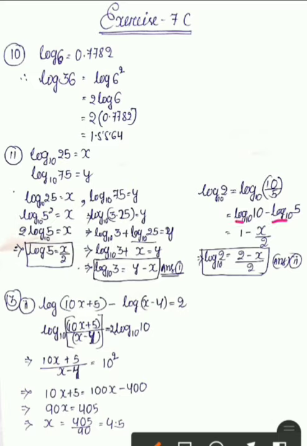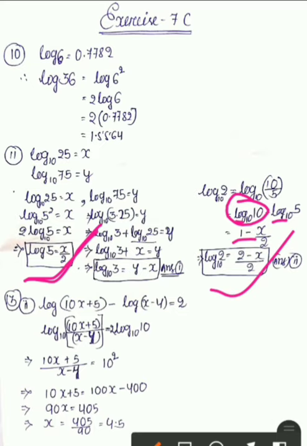Already you know the base and the number are the same, so the value is equal to 1. So 1 minus log of 5 to the base 10, we got it here, the value x by 2, so 1 minus x by 2. Just solve it by taking out the LCM. You will get log of 2 to the base 10 is equal to 2 minus x by 2. This is question number 2.